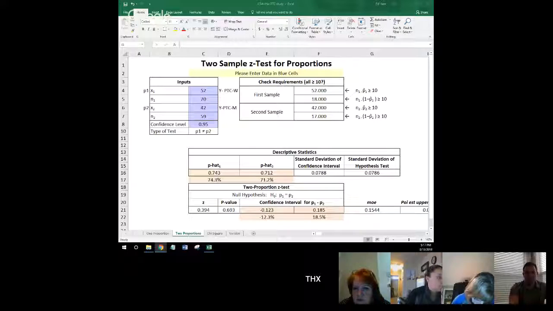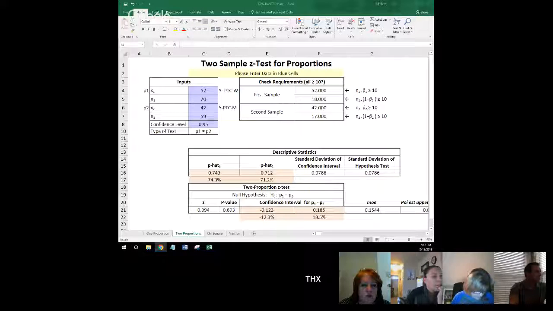And the type of test, confidence level. See, I don't have to worry about the confidence level or the type of test in my squares over by where it's purple. Where it says inputs? No. You're just doing the, right.